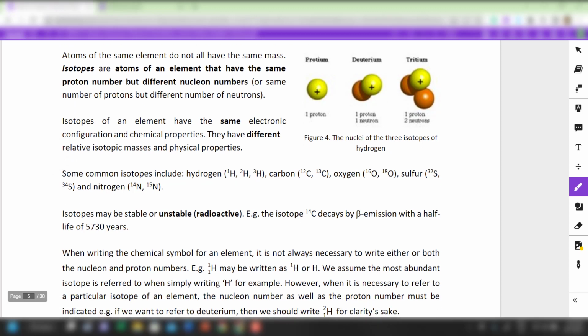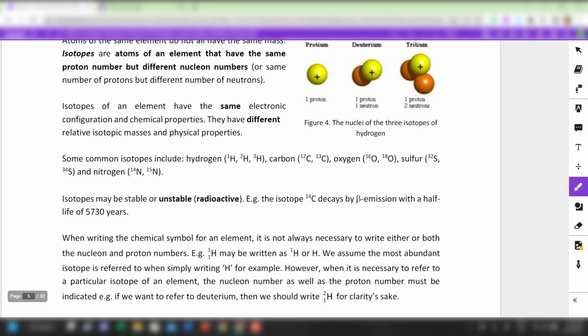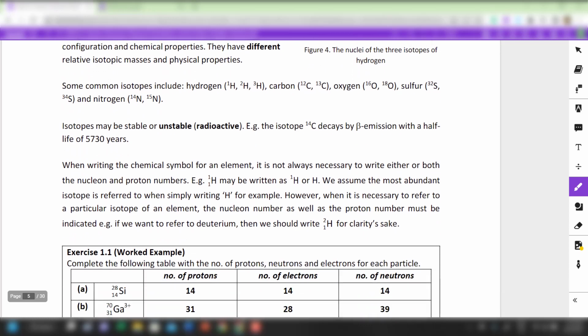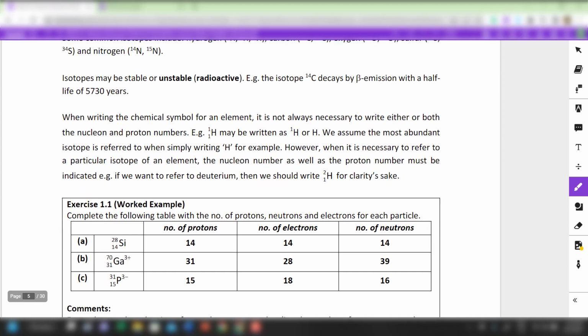Over here we give you an example of the different common isotopes of hydrogen, carbon, oxygen, and sulfur. And then of course here we also mention that they may be stable or unstable. Sometimes when we say unstable, we don't really mean that they will disappear maybe tomorrow or the next second.